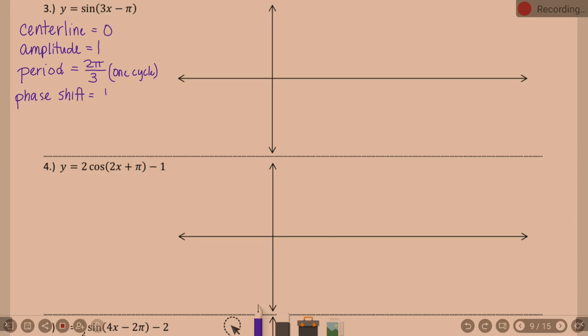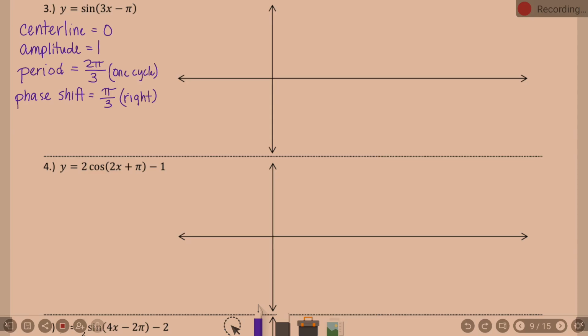Here's the deal, guys. If you go back and you look at the original setup there, the equation is bx minus c. When the initial equation is minus c, that says you're going to use the opposite sign. Okay? So, because it's a minus pi, it's going to be a pi over 3, and this is positive, which means we're going to shift to the right.